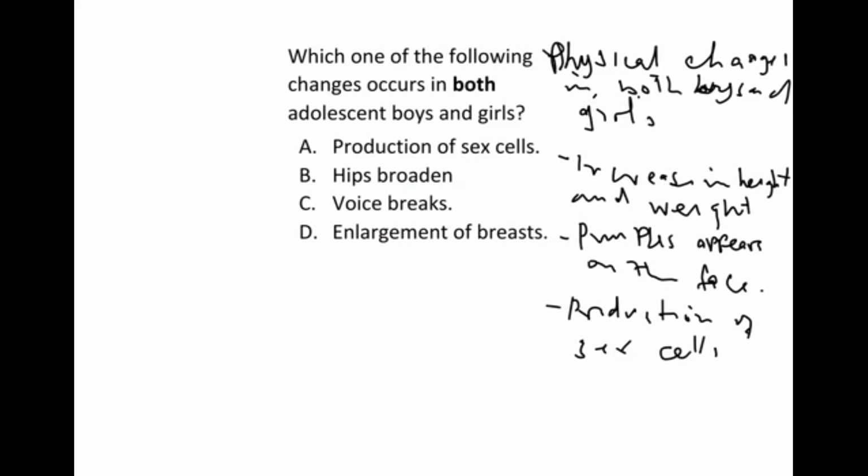But when it comes to A, production of the sex cells, that one is a common physical change that occurs to both boys and girls. Boys will produce mature sperms and girls will produce a mature ovum. So in that case, our answer will be A. Production of the sex cells.